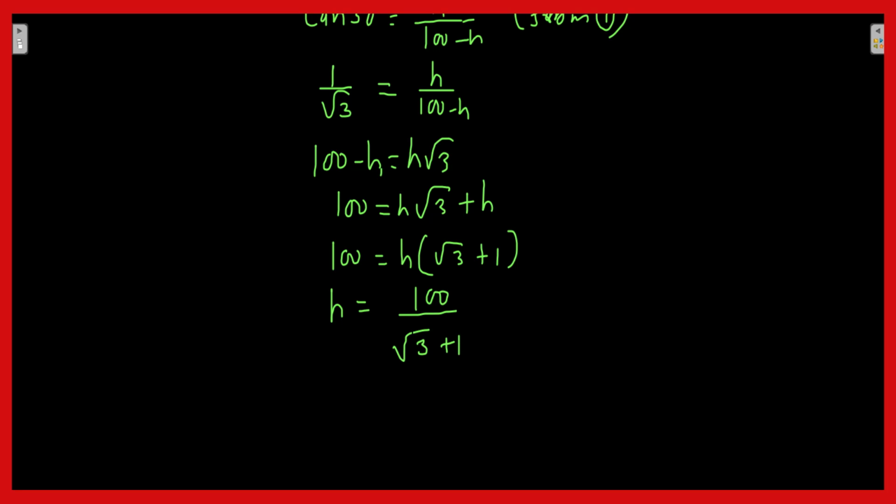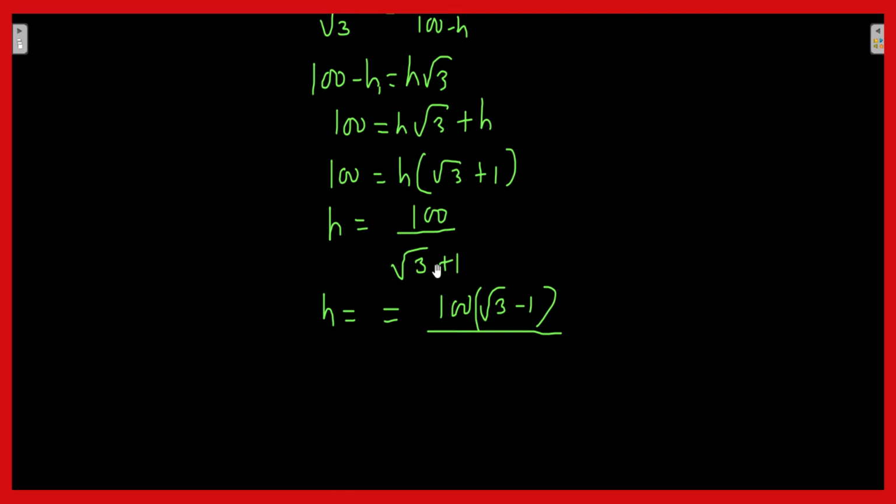Rationalize this, so multiply root 3 minus 1 to the numerator as well as to the denominator, and so h is equal to 100 into root 3 minus 1 upon root 3 plus 1 into root 3 minus 1.